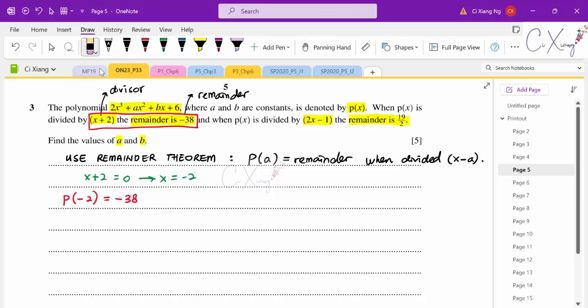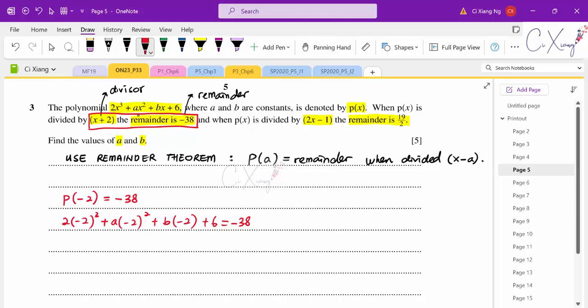Then substitute -2 into all your x in the polynomial here. By right, I'm having 2(-2)^3 + a(-2)^2 + b(-2) + 6 = -38.